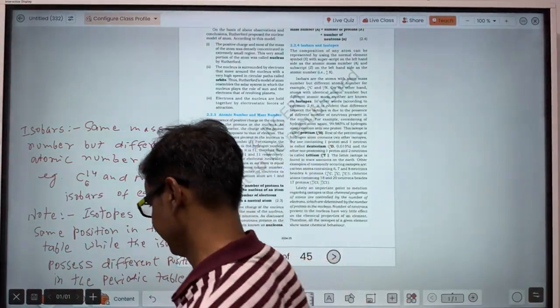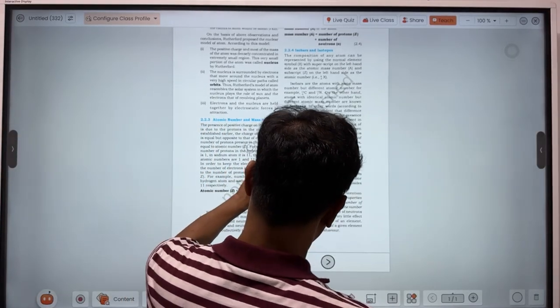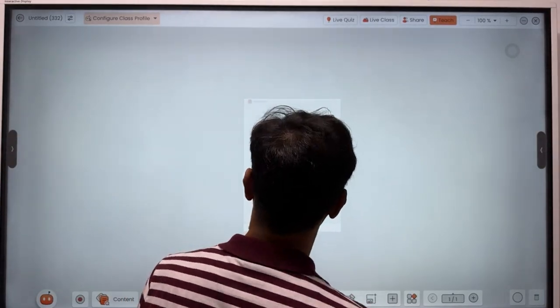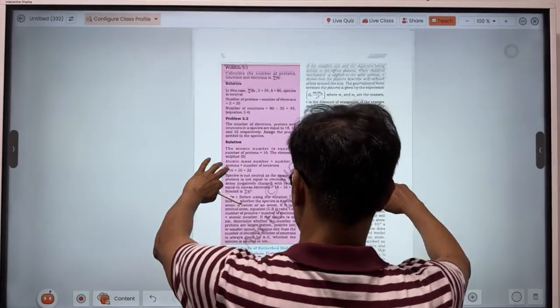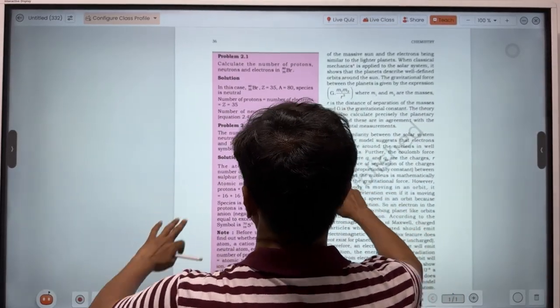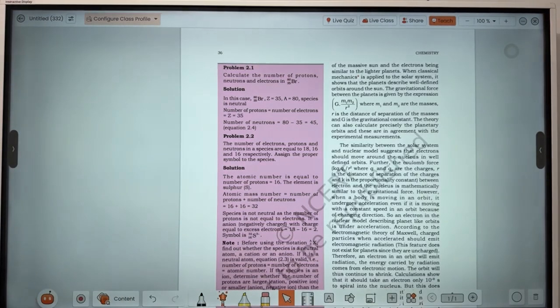Now let's see. Now watch out for these questions. First read this question, then after that I will tell you how to solve it.